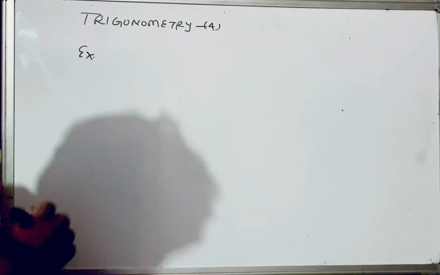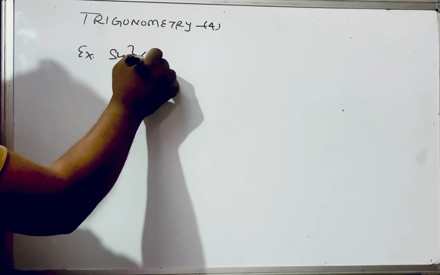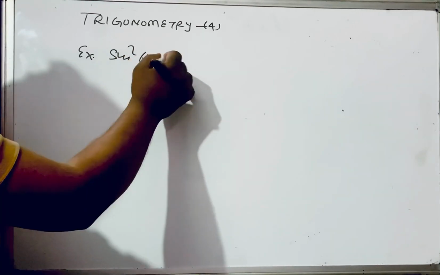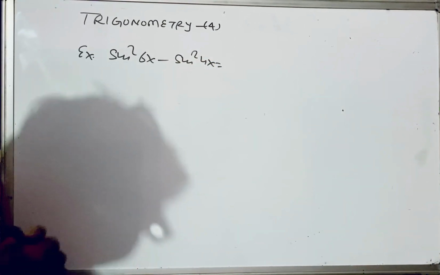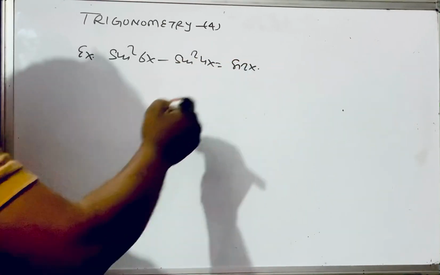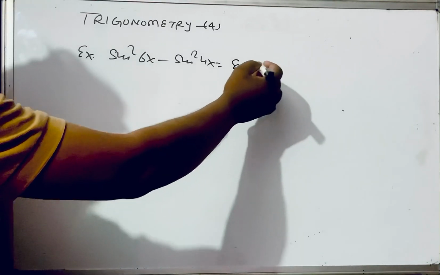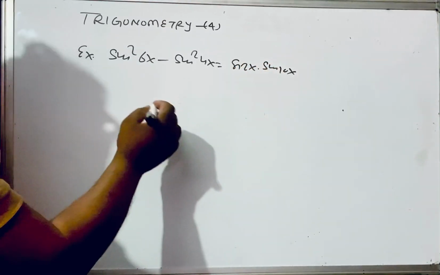Example: sin square 6x minus sin square 4x is equal to sin 2x into sin 10x.